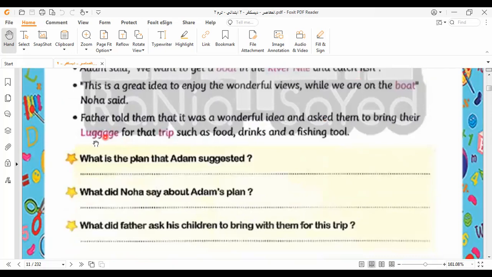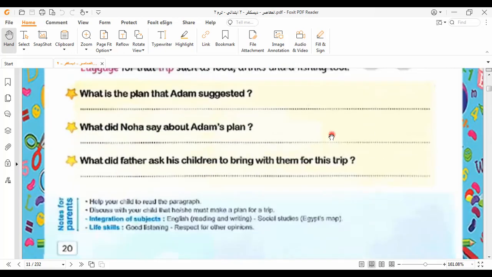Luggage full of food, drinks, and fishing tools. Full means مملوءة, a bag full of things: luggage for the trip full of food, drinks, and fishing tools.